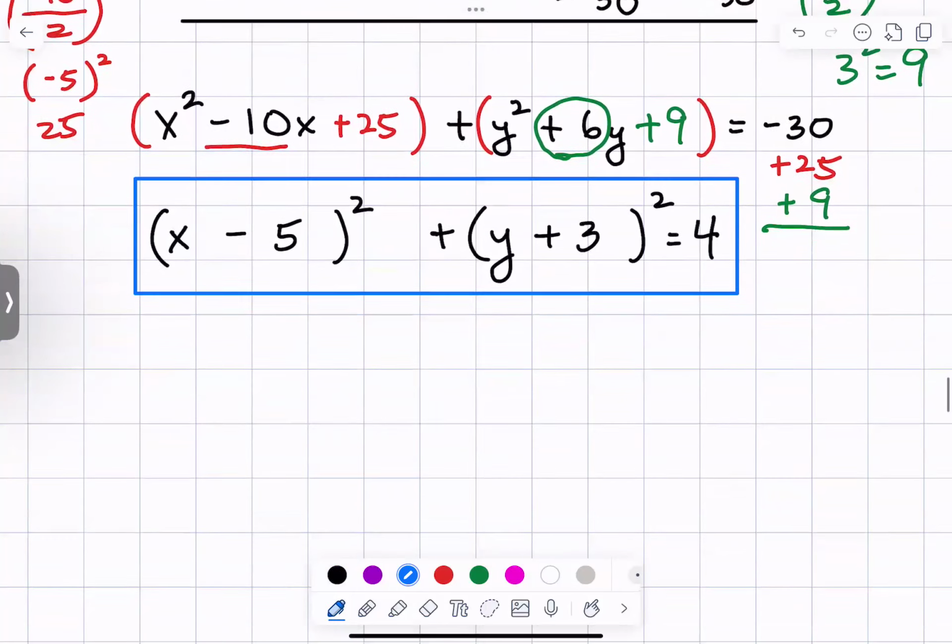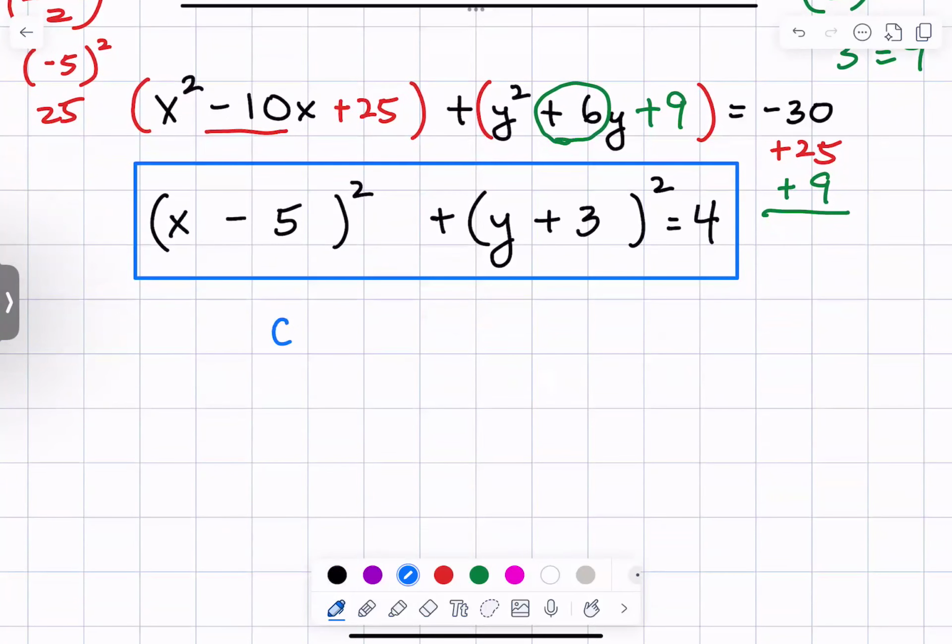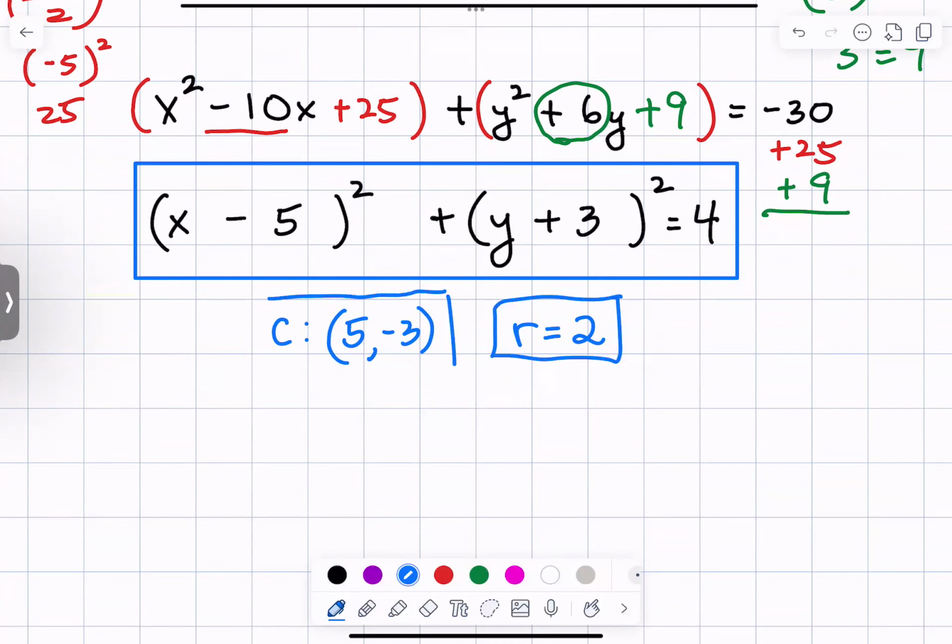Now I can ask you for the center point being 5 comma negative 3, and my radius being 2. Okay? All right. Questions on how I got my center and my radius? No?